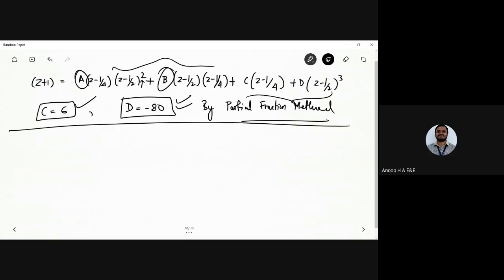Looking at the power itself, you can come to know that for A, that would be (z plus 1) divided by (z minus 1/4). You have to differentiate it twice, and then to find A, that would be 1 divided by (3 minus 1) factorial.